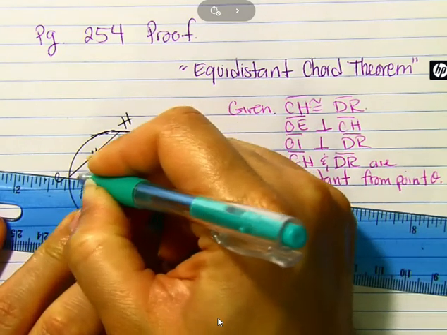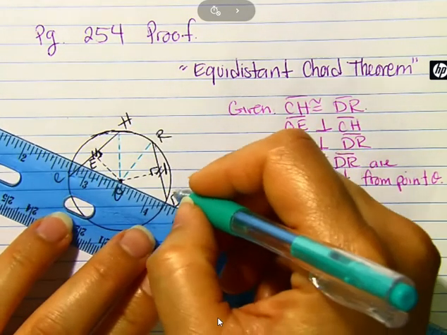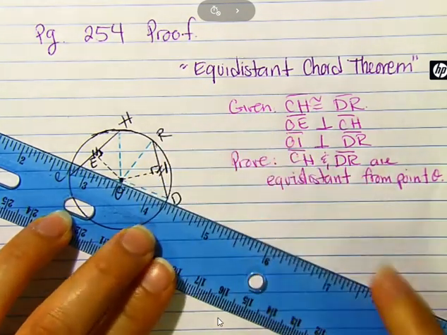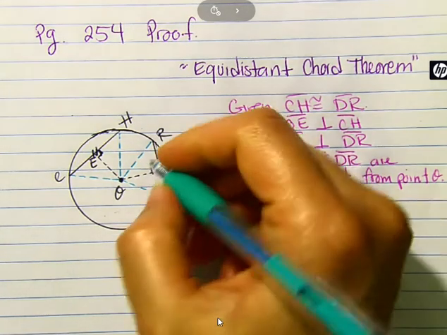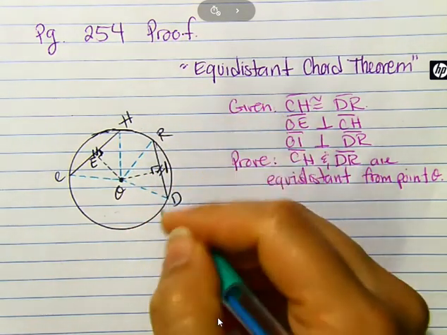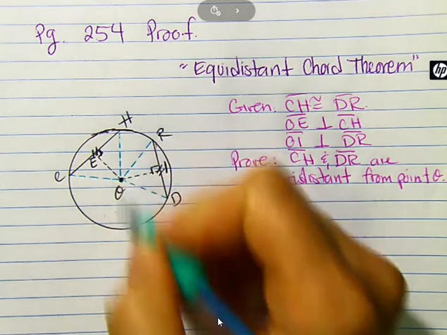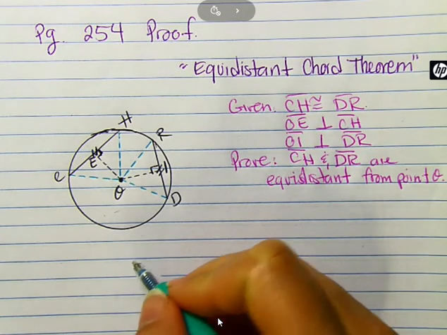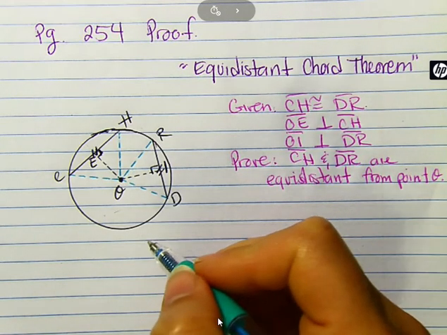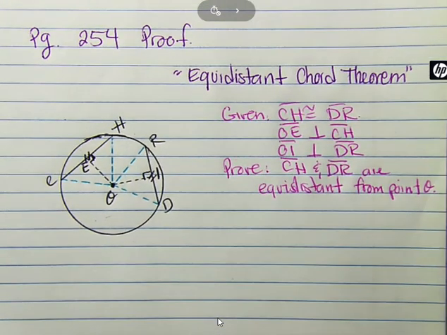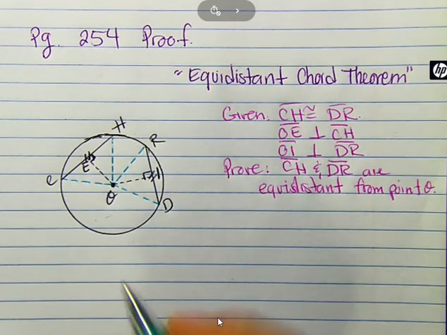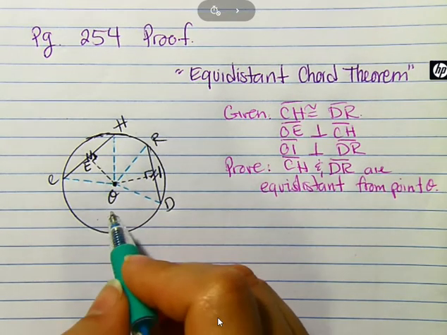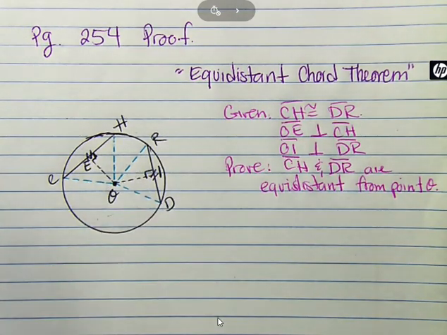So here we go. I'm going to connect all of these endpoints of the chords to the center of the circle. Therefore, I have just created two bigger triangles, DOR and COH, congruent to one another by SSS, or side-side-side triangle congruence theorem, which says if two triangles have three sides that are congruent to another three sides of another triangle, then those two triangles are congruent.